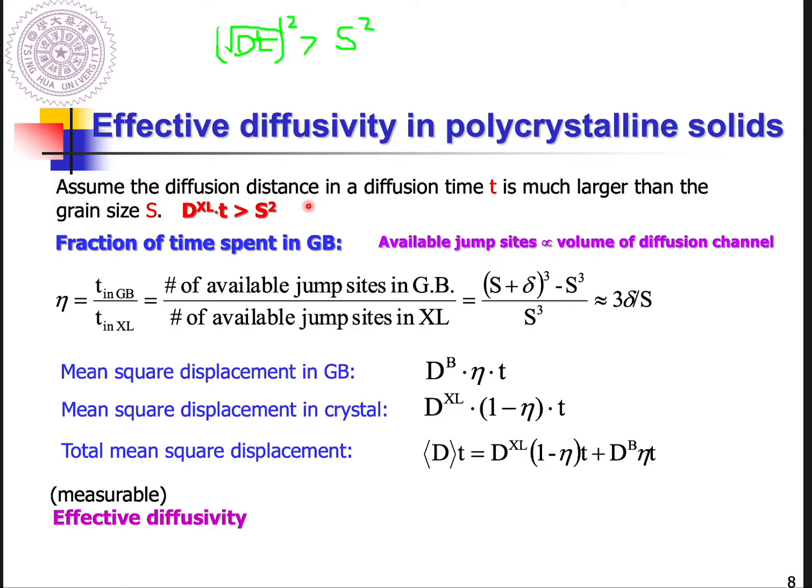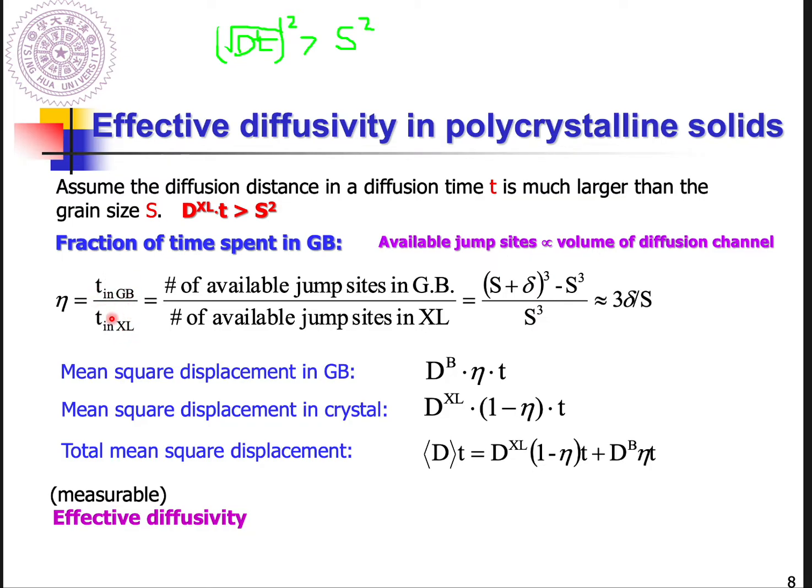So under these conditions, we need to estimate the fraction of the time the atom spent in the grain boundary. We call it iota. Iota is the ratio between the time the atom spent in the grain boundary divided by the time the atom spent in the grain.